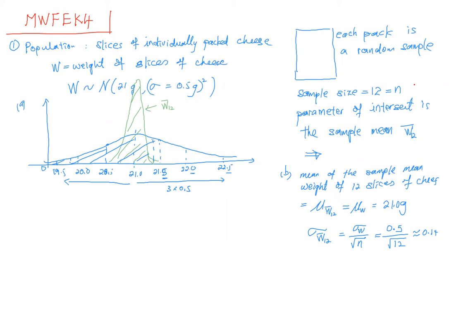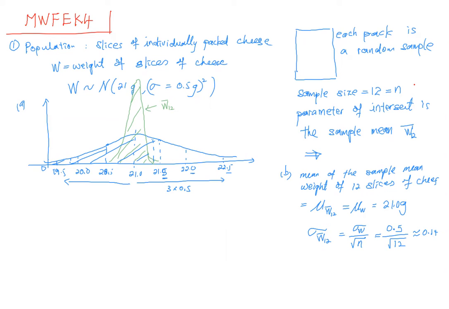Then they say a pack of 12 slices of processed cheese is labeled containing 250. For this question, it's up to you how you want to do it.